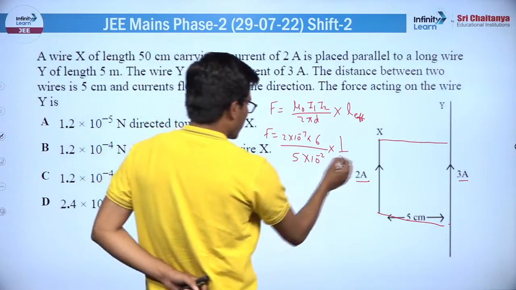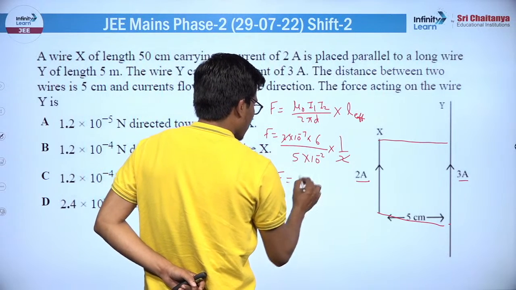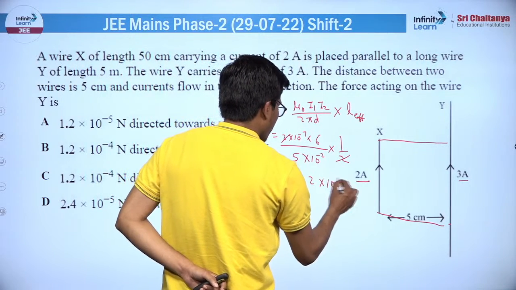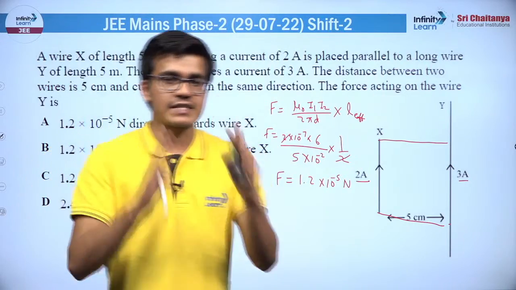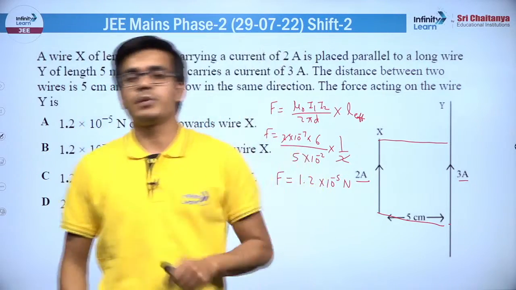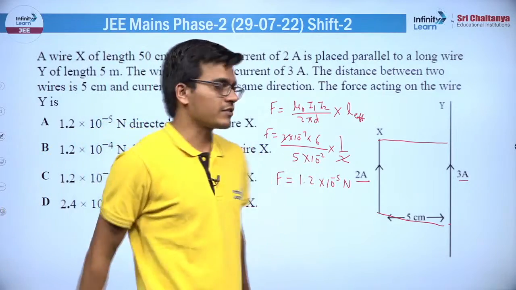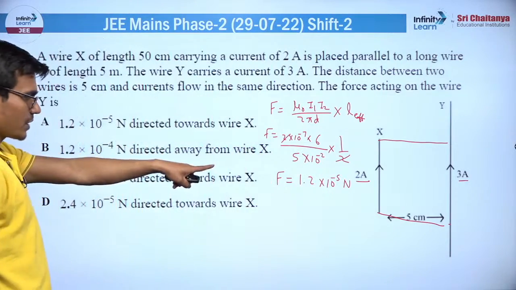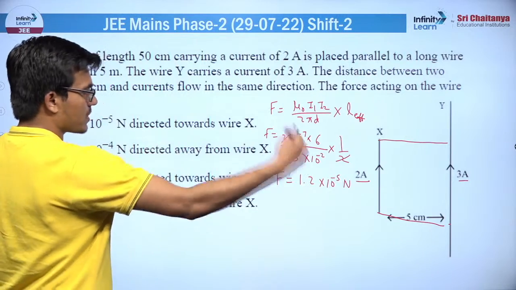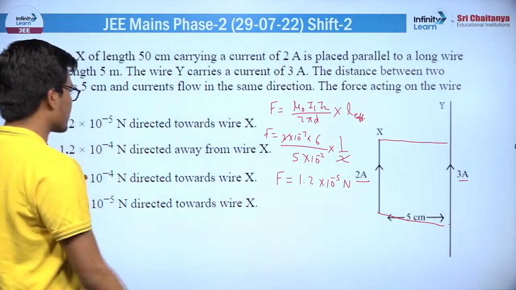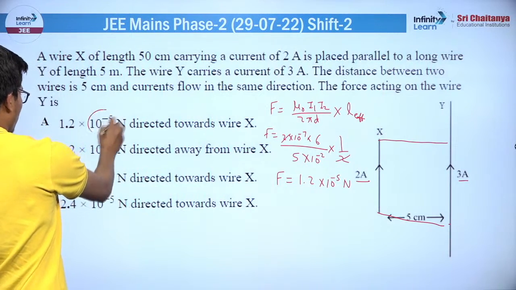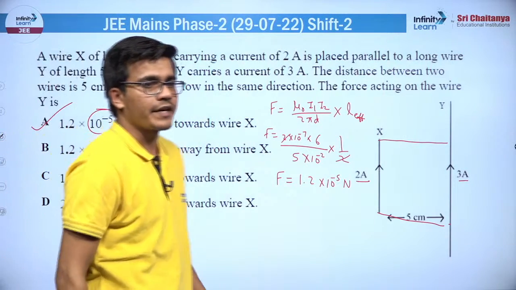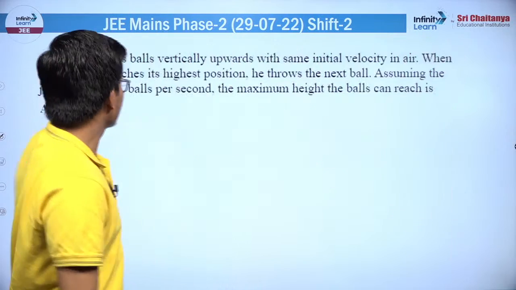So what we can do now is 2 and 2 will get cancelled, 1.2 into 10 to the power minus 5 Newton, and whenever the current is in the same direction, there will be attraction, so both wires will get attracted. It means this is the magnitude of force and there should be attraction, means Y wire will move towards X. So directed towards should be the answer, and it should be 10 to the power minus 5, so A option is right. Alright, moving to the next question.